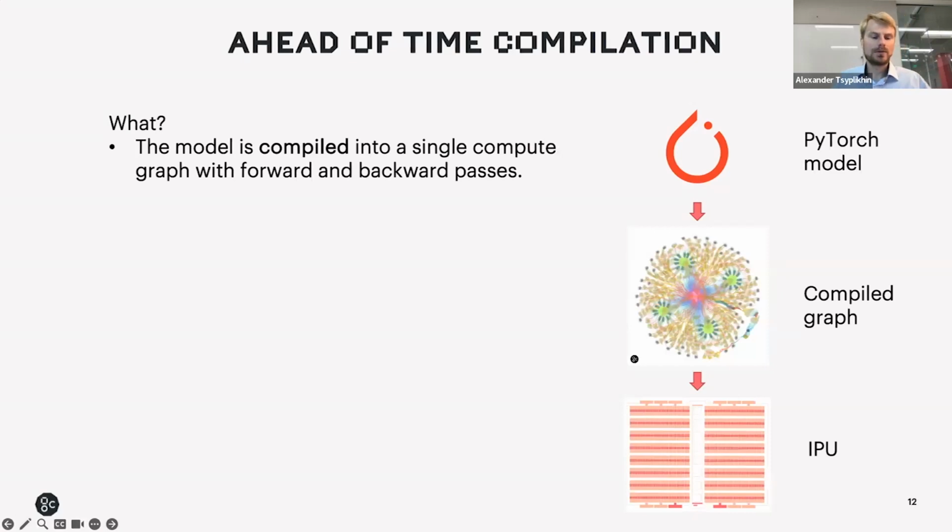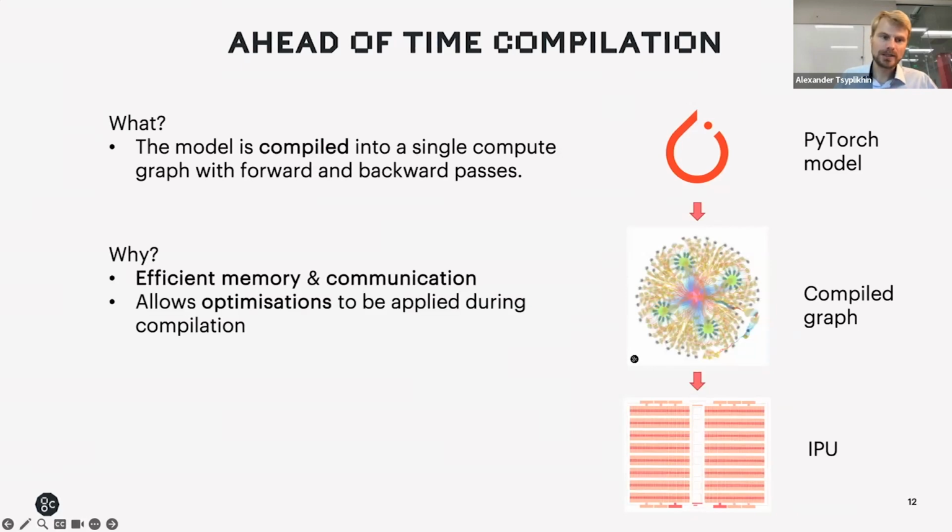So the environment that we have to work with on IPU, as I mentioned yesterday, involves ahead of time compilation. And that means that we need to know the shapes of tensors ahead of time.